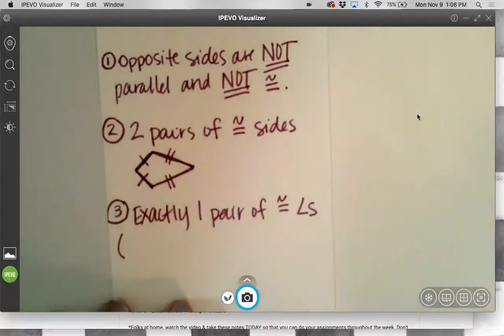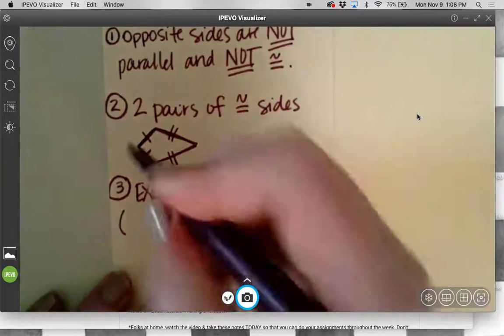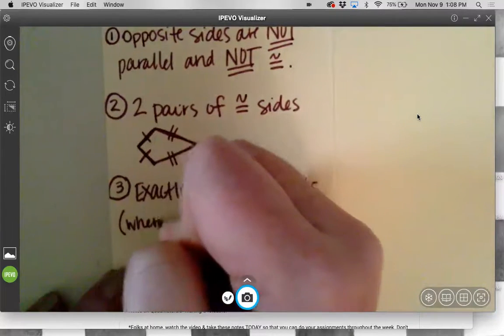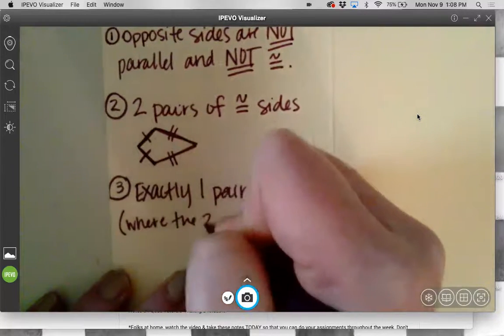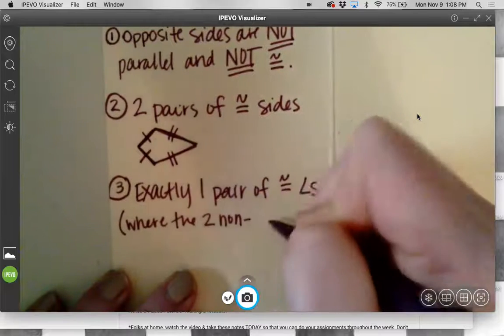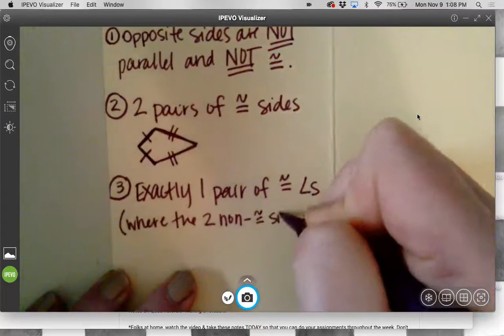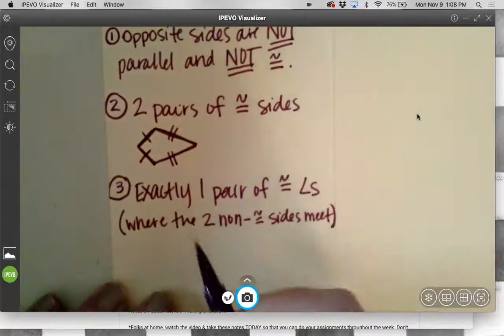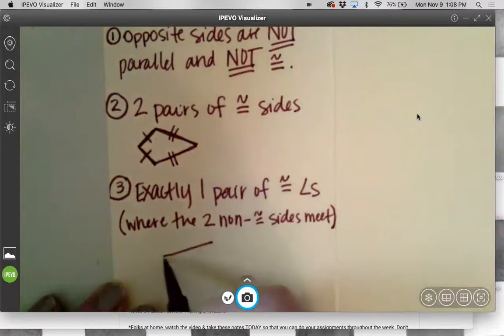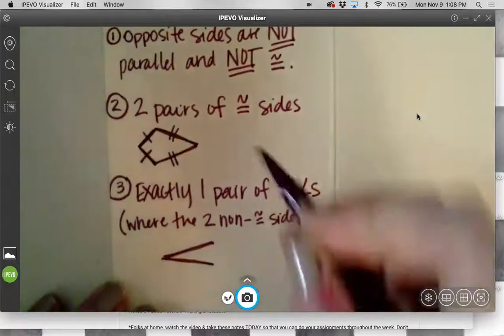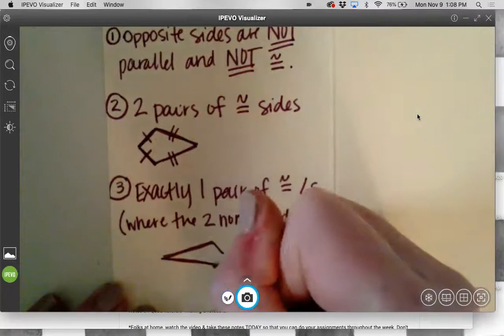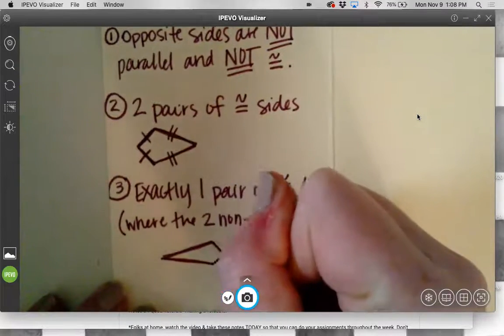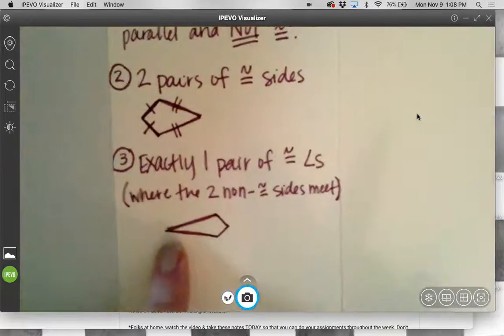And I'm going to go ahead and tell you where it's going to be every time. It is where the 2 non-congruent sides meet. So on a kite, you can see that this angle is pretty acute.